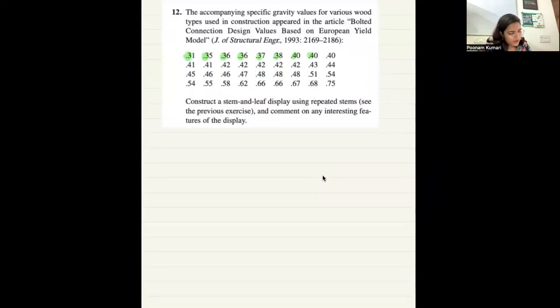So first of all, what is your stem? And then what is your leaf? So how do you write it? So what are your stems? 3, 4, and then 5 also, and then 6 also, and then 7 also, right?